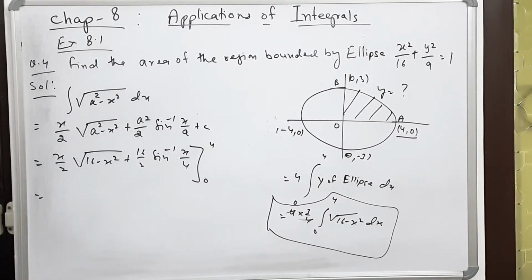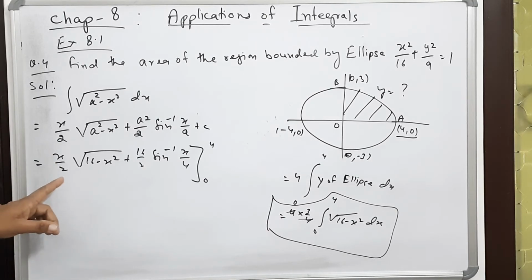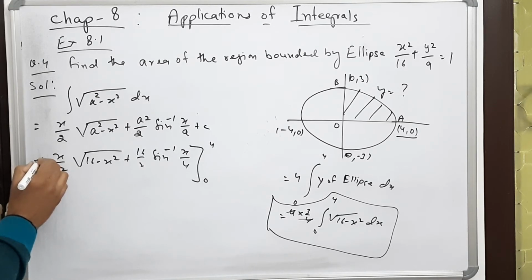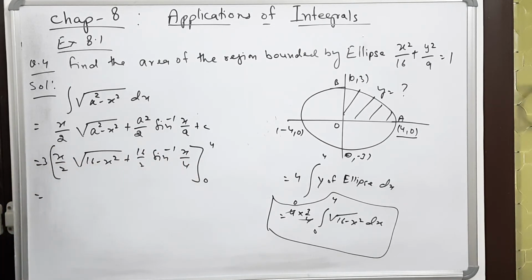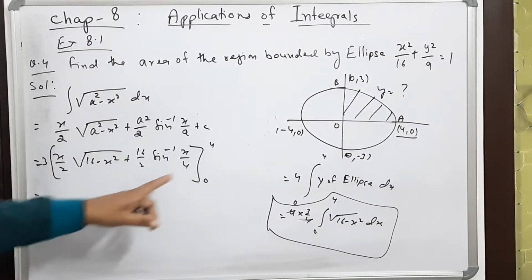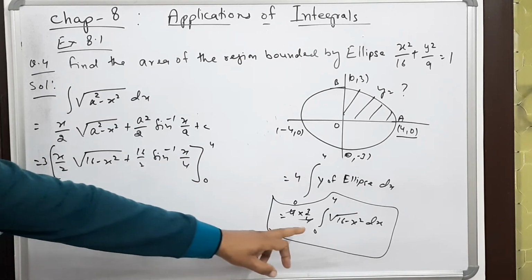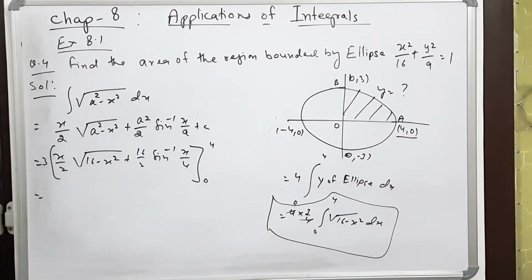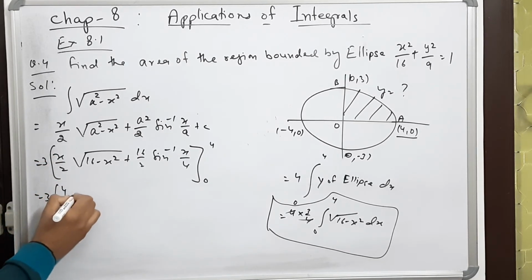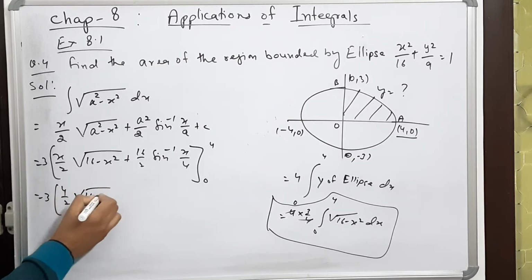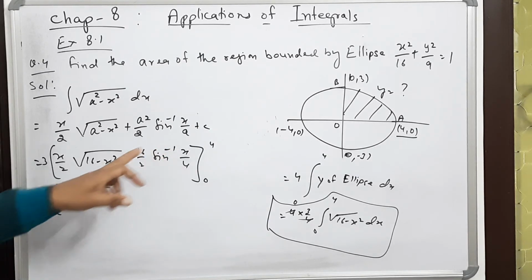Now we are putting the value, and it will be 3 also in the front. Which one? This 3. Now we use the limit. I hope you understood this step and this step. You can relate now. So it is 3 times x by 2, that is 4 by 2, and here 16 minus 16, because 4 square is 16.